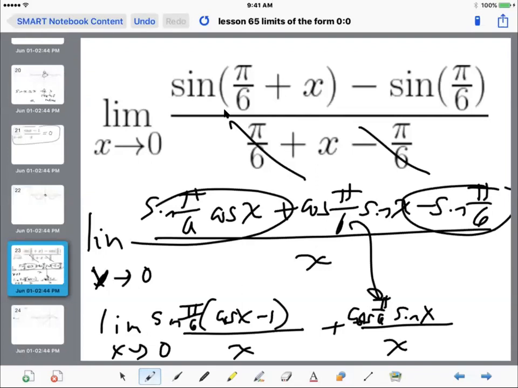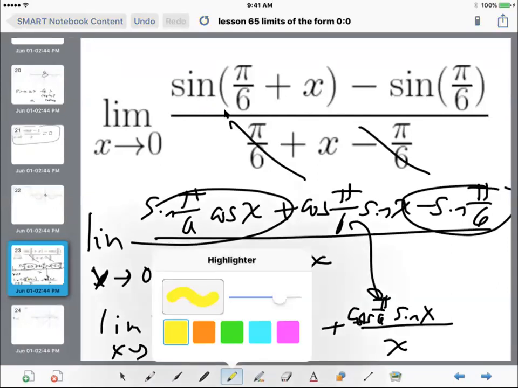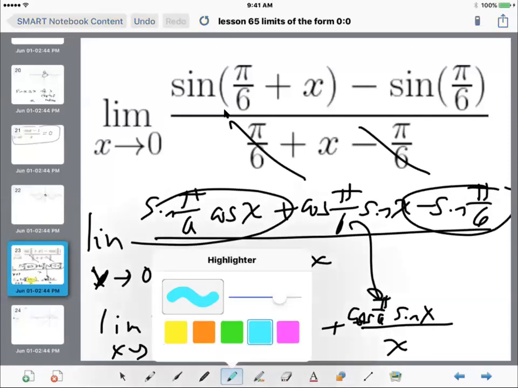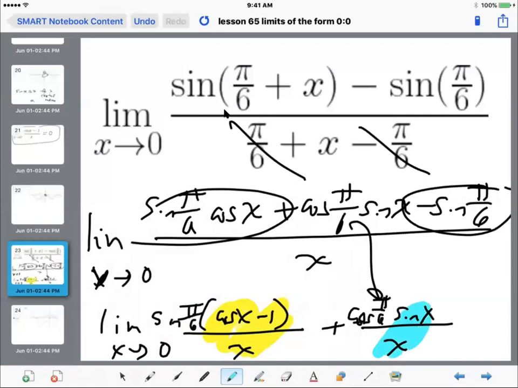That's convenient. What we can see here is this thing and this thing. Those were the two questions from before. So we have those in our back pocket. So what's the answer to this question?